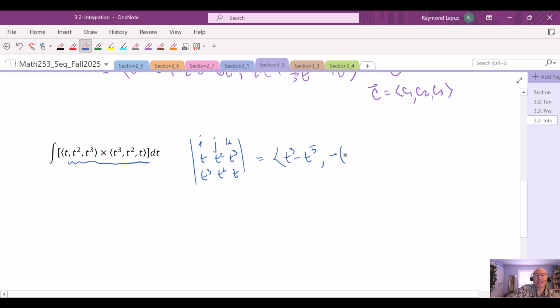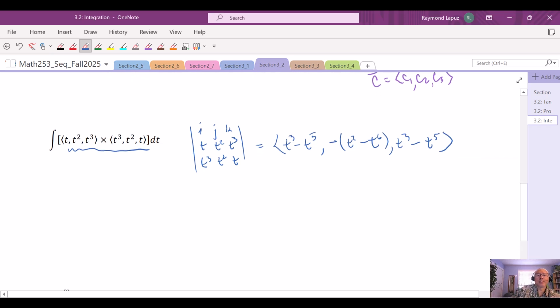That's t squared minus t to the sixth, and then our last term is going to be t to the third minus t to the third minus t to the fifth. So same as the first one.